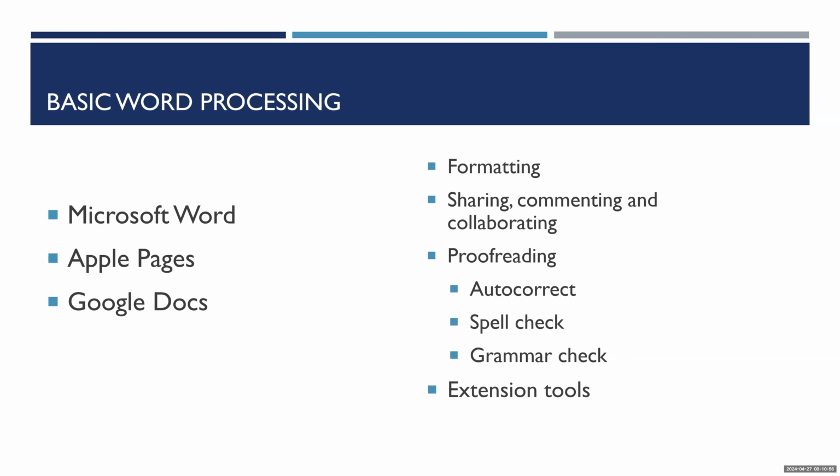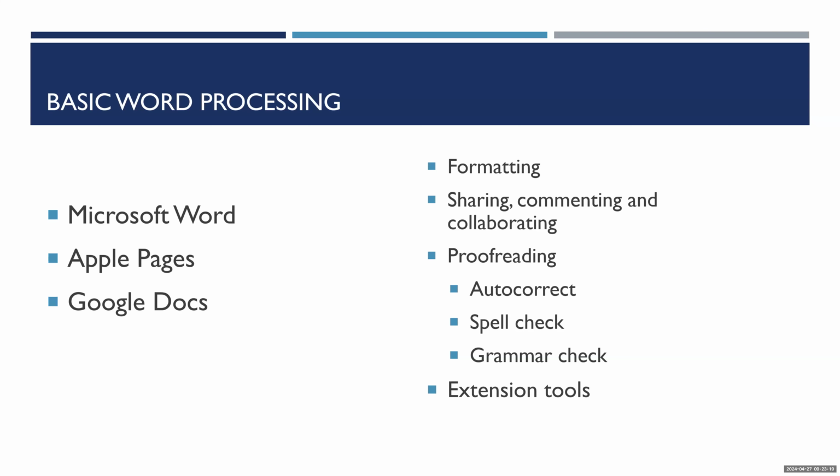And there are additional extension tools that can be added to them. So for example, you can connect Zotero for citation services, or you can connect with an AI proofreading tool to give enhanced feedback on your writing.